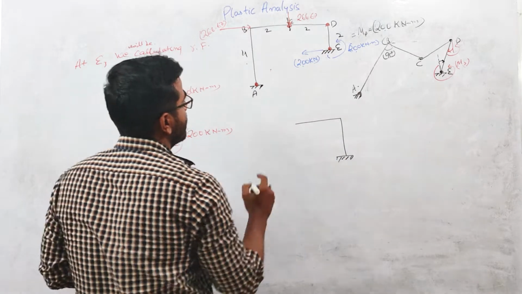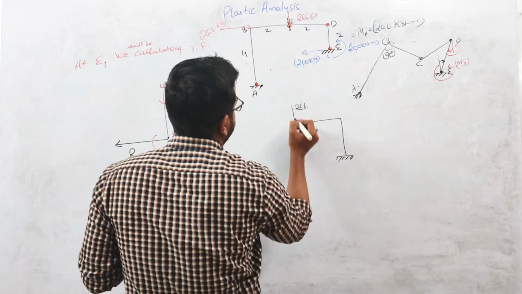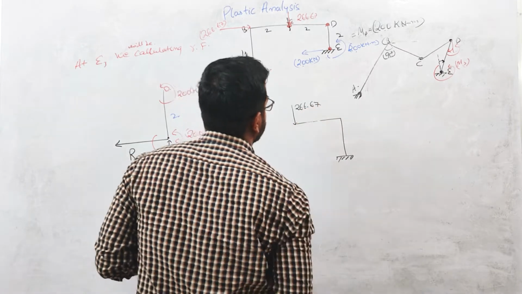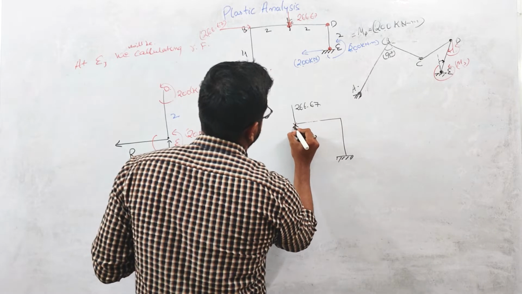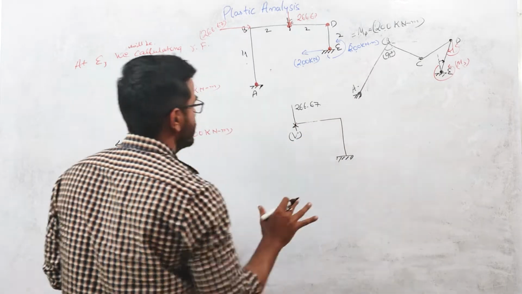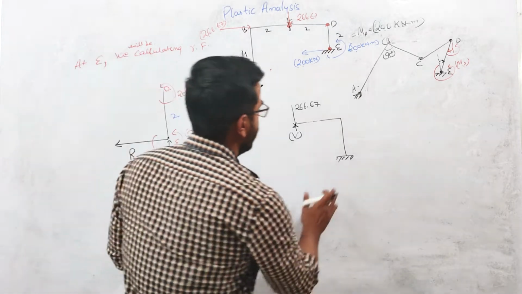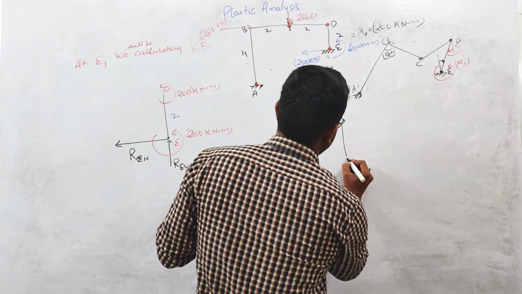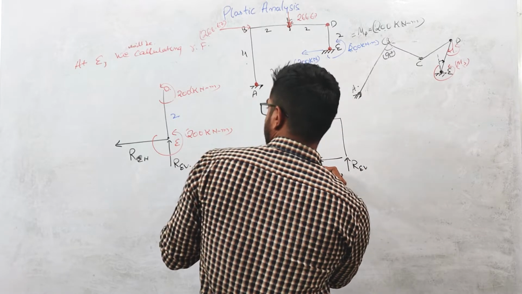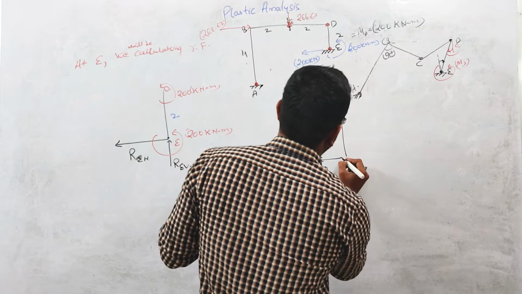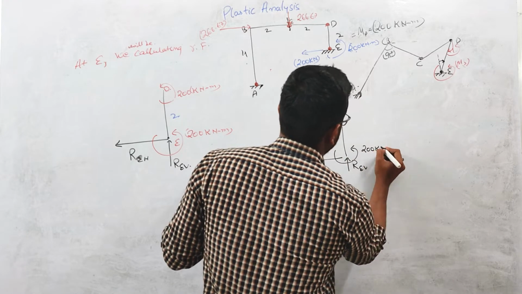And I'm assuming this whole 266.6 load is acting on this portion. There will be one load from the downward. Let us suppose this is the reaction. This is basically an internal reaction force. So this is basically V, right? At this point, there is one vertical reaction REV, one horizontal reaction which is 200 kilonewton, and there is one moment which is 200 kilonewton meter.